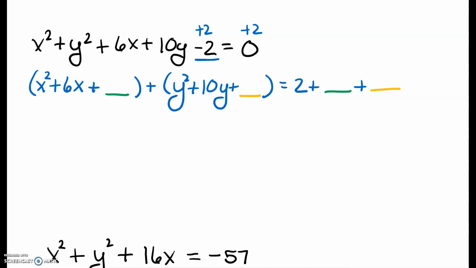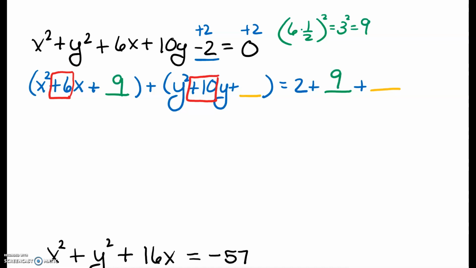Okay, so let's do our green calculation. I'm going to box in my numbers in front of my non-squared terms. My green calculation is 6 times a half, squared. Half of 6 is 3. So I get 9 for my green blank.